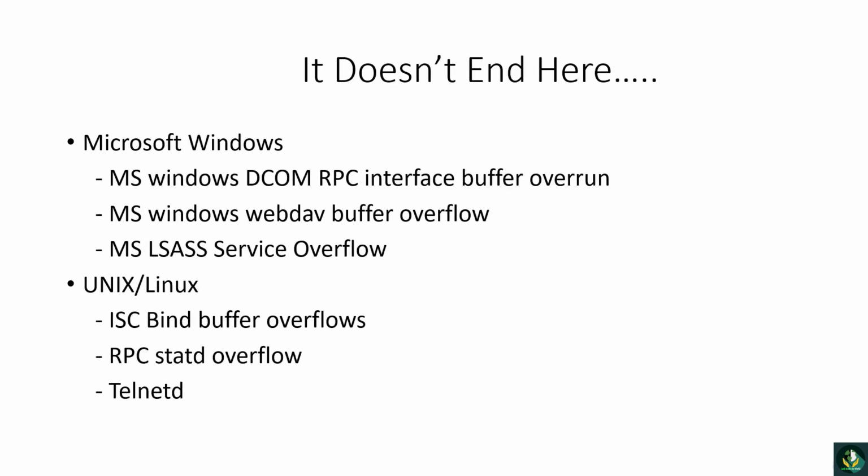So it doesn't just end here. Microsoft Windows also suffered a DCOM RPC interface buffer overrun. Also the Microsoft Windows WebDAV buffer overflow, and the LSASS service overflow, hit the system.